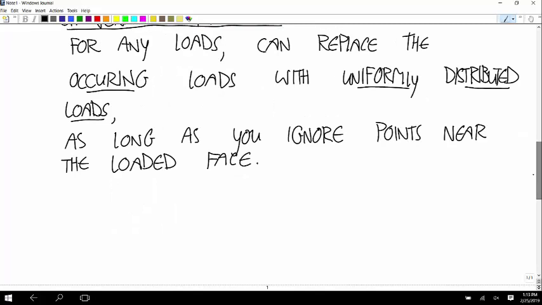Okay, so let me give sort of an illustration of this. This idea is pretty simple. It sounds sort of wordy the way I said it there, but let's say that you have an object like this, and you're applying point forces here and here.